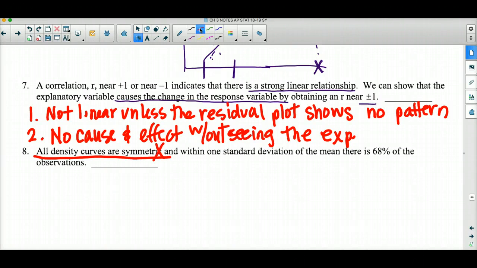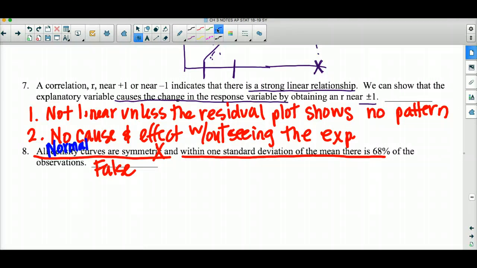That is false. If we said all normal density curves are symmetric and within one standard deviation of the mean, there's 68% of the observations, then I would say yes. That's only talking about a normal curve, but they're bringing it kind of into everything.